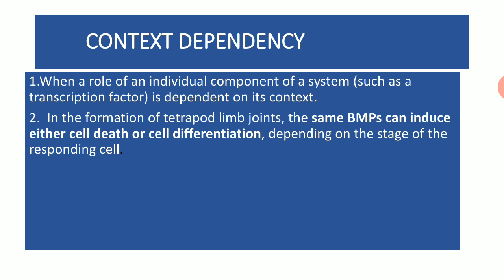When the role of an individual component of a system, such as a transcription factor, is dependent on the context. What is the context and what will be the fate of that organ and fate of that event? It is the context dependency. In the formation of tetrapod limb joints, the same BMPs can induce either cell death or cell differentiation depending on the stage of the responding cell.